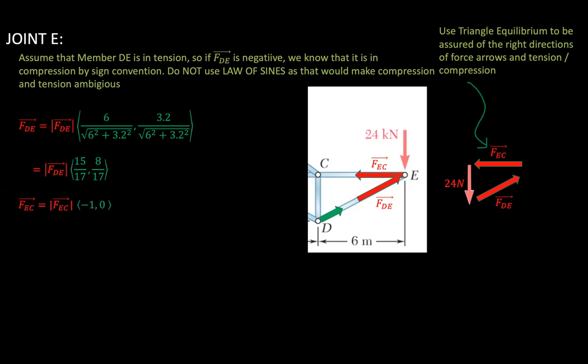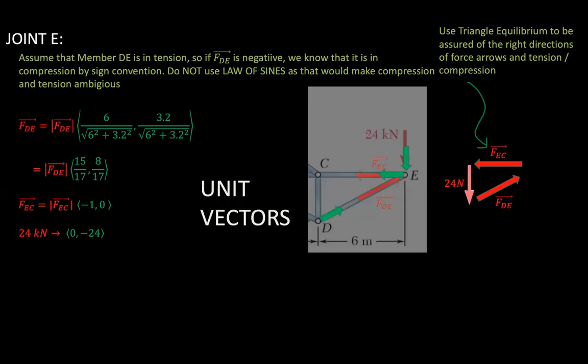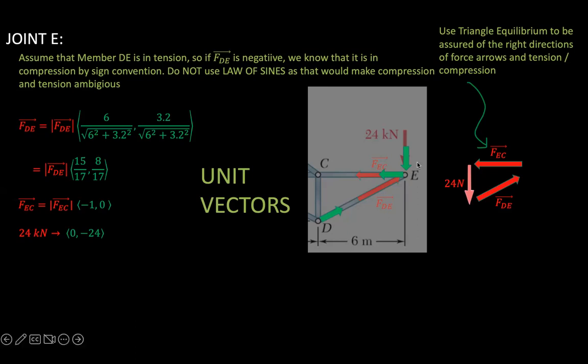FEC is equal to the magnitude of FEC times the unit vector along EC, and that is a unit vector pointing at -1, 0. 24 kilonewtons is equal to 0, -24. As you see here, that's the vector. These are the unit vectors, except for the 24 kilonewtons, that isn't actually a unit vector, because the magnitude of that vector isn't 1. So just ignore that part.